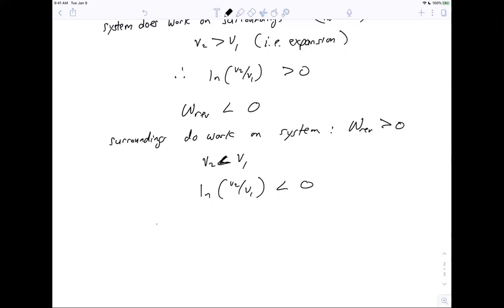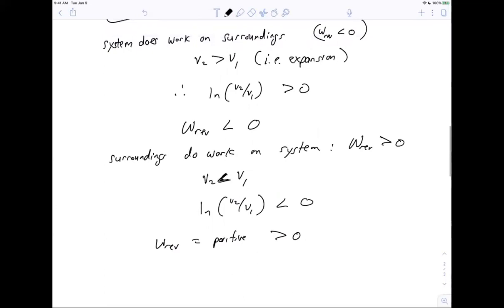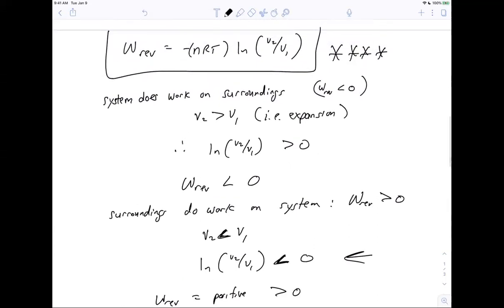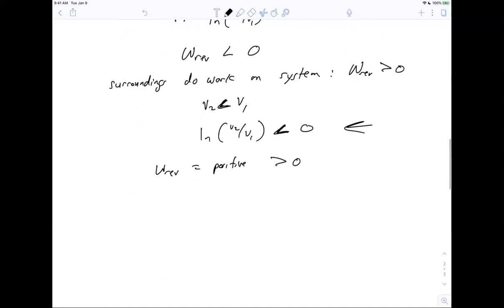So W reversible will be positive, greater than 0, because we have to multiply this negative term by the negative sign in front of our expression for the work. Natural log V2 over V1 is negative. We multiply it by the negative sign all the way in the front, and we get a positive work, and everything works out.